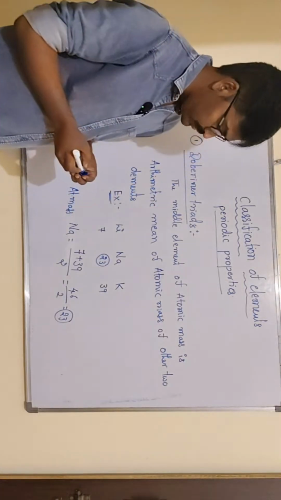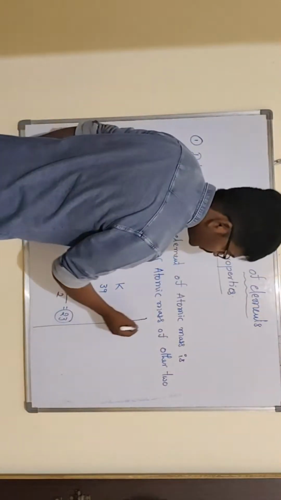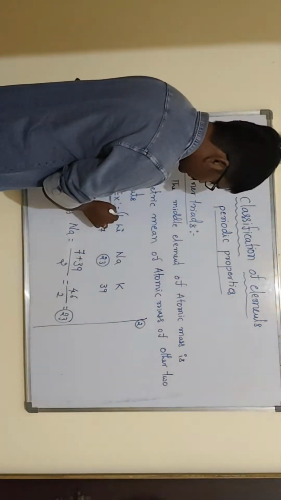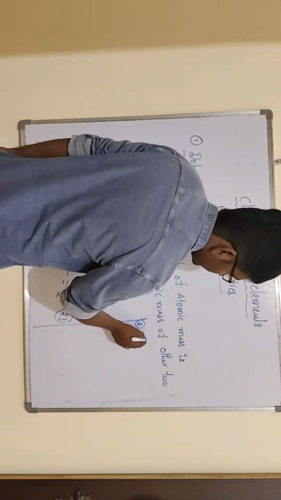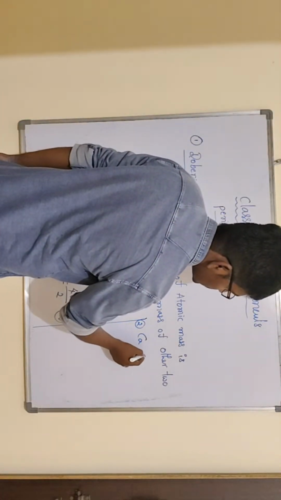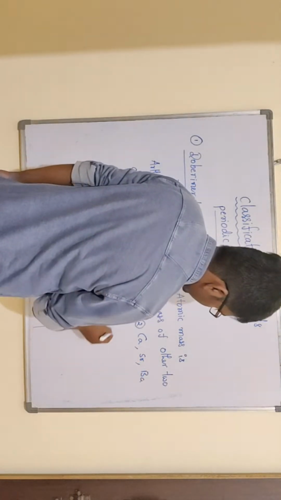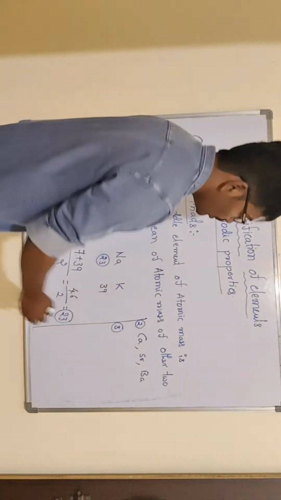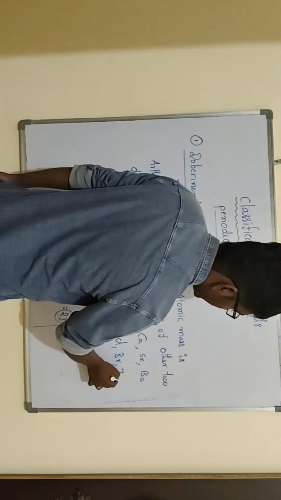Some other examples: example number 1 was lithium, sodium, potassium. Example number 2 is calcium, strontium and barium. The third example is chlorine, bromine, iodine.